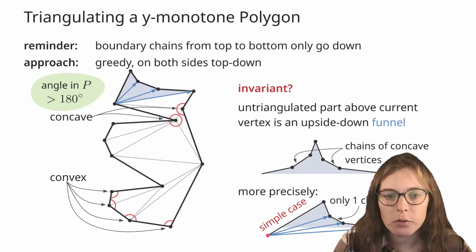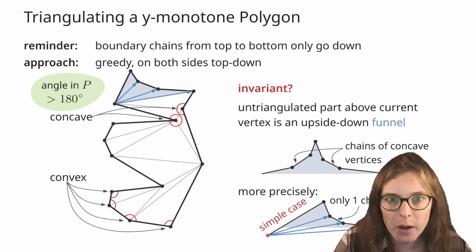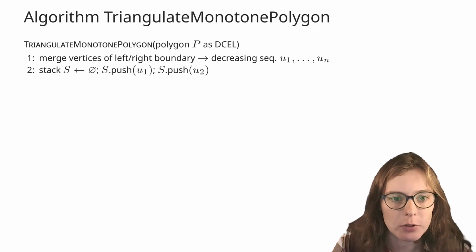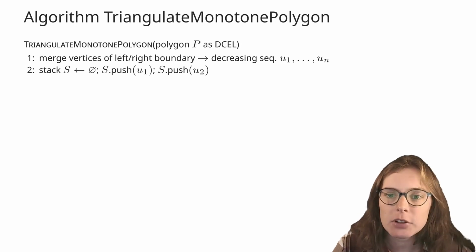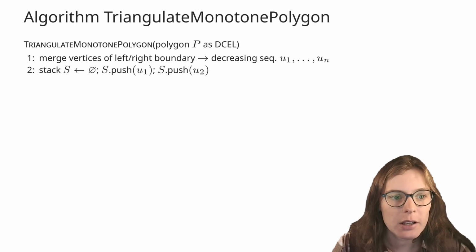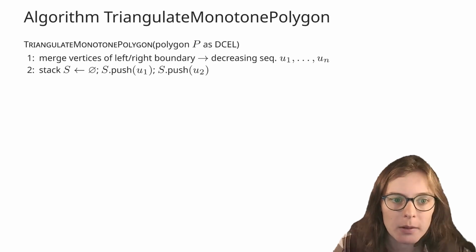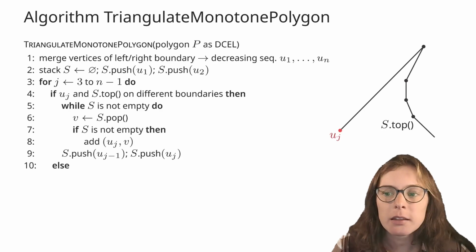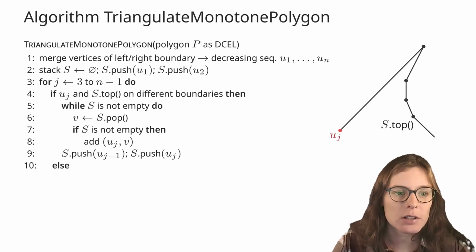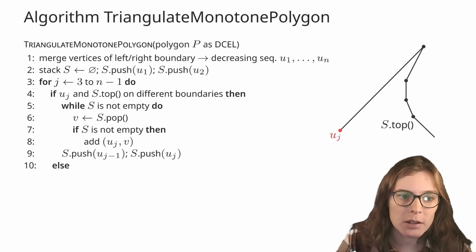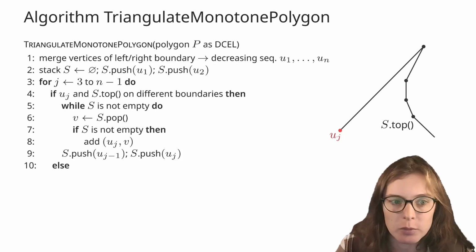So let's see the full algorithm for triangulating a y-monotone polygon. The algorithm is the following. Again, consider the vertices of the polygon by the decreasing y-coordinate. We're going to initialize an empty stack and push the first two vertices in it. And then, for each next vertex, we are going to do the following. Let uj be the next vertex that we are going to process.